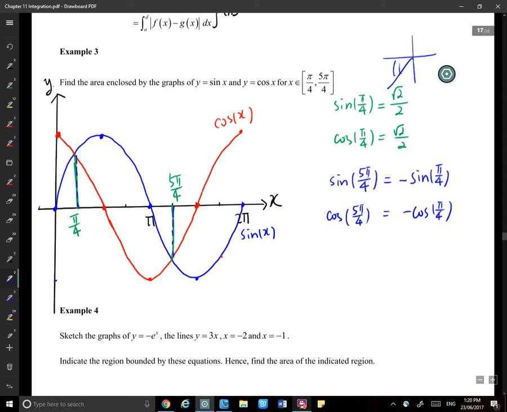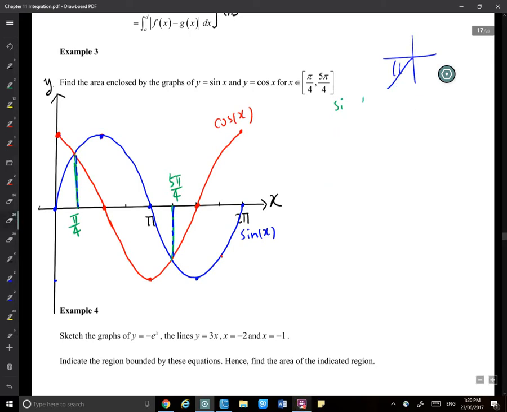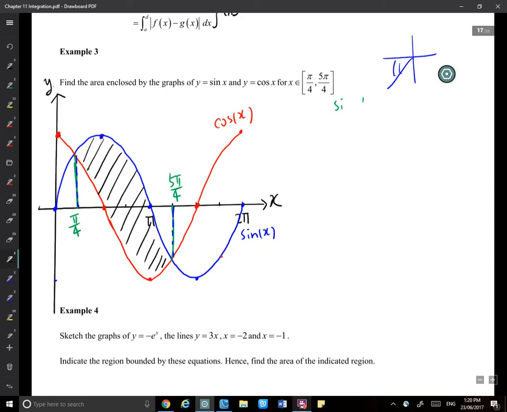So you want the area enclosed by those two graphs in between that range. Basically, you're trying to find this area. As I said, it doesn't matter whether the graph is above the x-axis or below the x-axis.